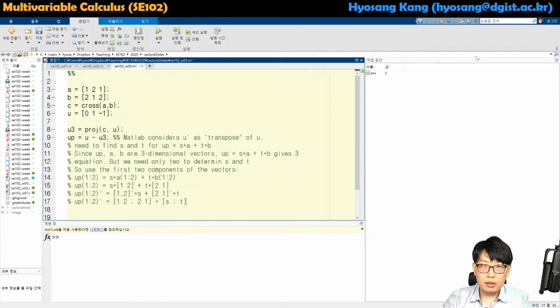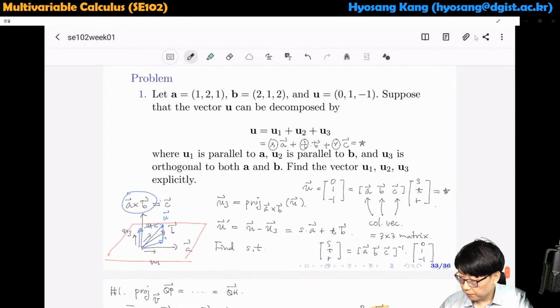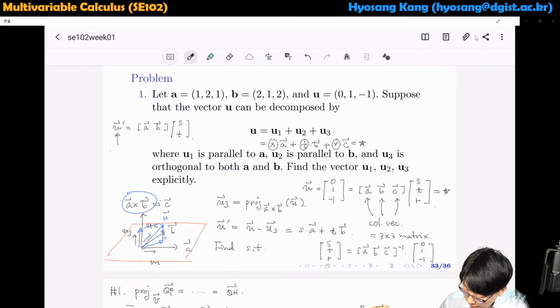So let me write that on the board here. It's confusing. So we have U prime, and what I wrote just now is this one, A, B, S, T. But if I use the three components of these vectors, then this becomes a 3 by 1 matrix, and this becomes 3 by 2, and this is 2 by 1, which is fine.